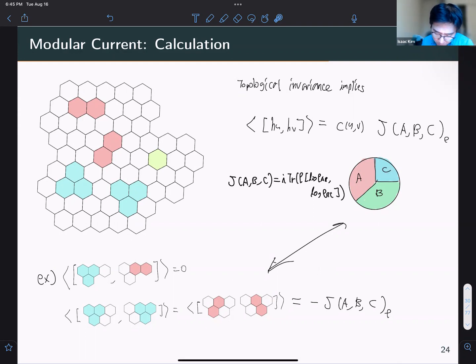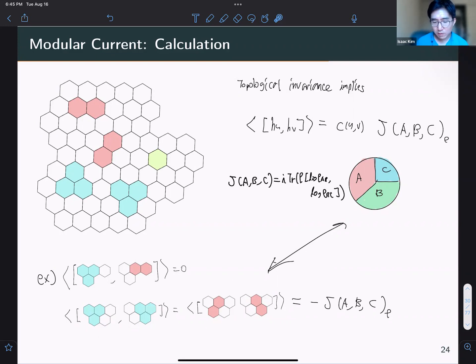And okay, there's a minus sign here. That's because you are in the opposite orientation. And you see that topologically, this quantity is exactly equal to this J_ABC evaluated with respect to this partition, just rotated by an appropriate amount. And also topologically, this quantity is equal to that quantity because it's just the same shape. You can just deform this part into here and deform this part into here.